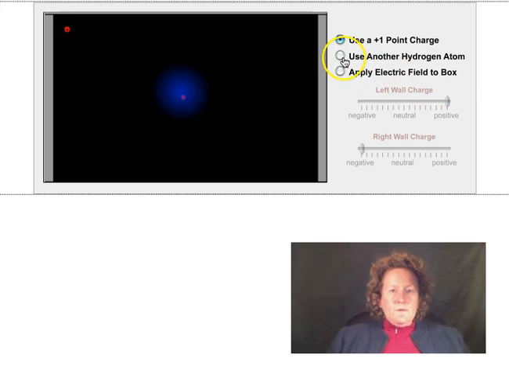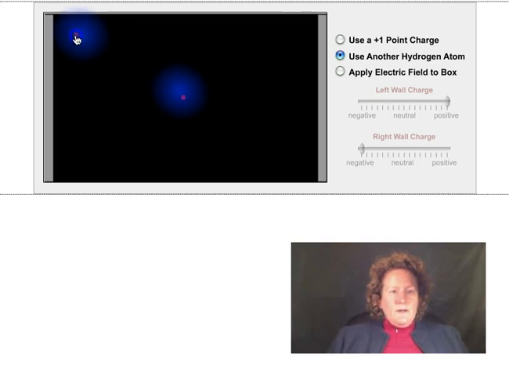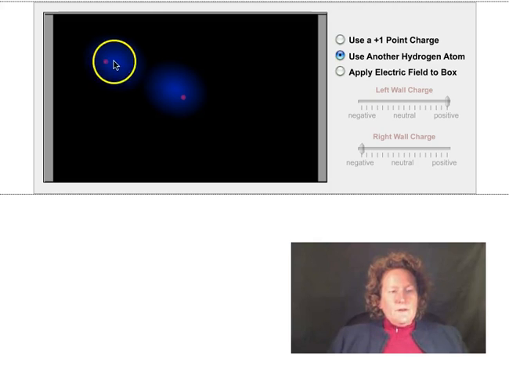Now let's use another hydrogen atom and see what happens when we bring them together. You can see that they start to get distorted even when they come a little bit close together, because the electrons here are reaching over for this positive charge, and the electrons here are reaching over for this positive charge.